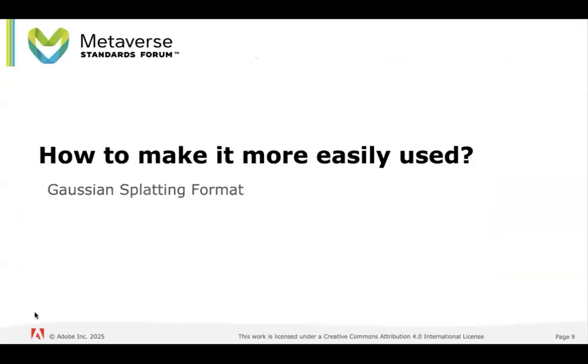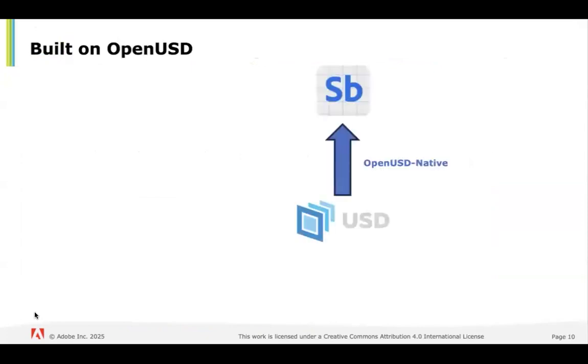Okay, so the next topic I want to discuss is what we did to make Gaussian splat more easily used. A large portion of the power of Substance 3D Viewer comes from the effort we made for it to be USD native, meaning that everything there is under the powerful OpenUSD framework.